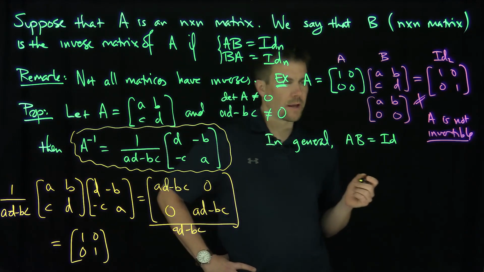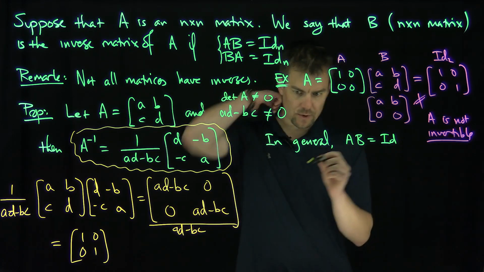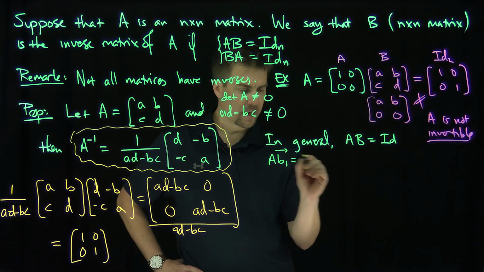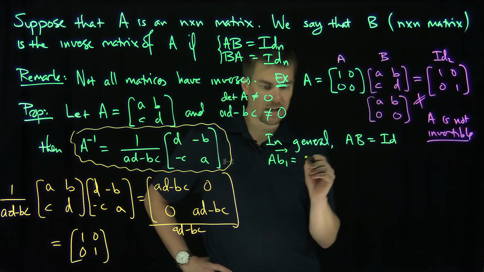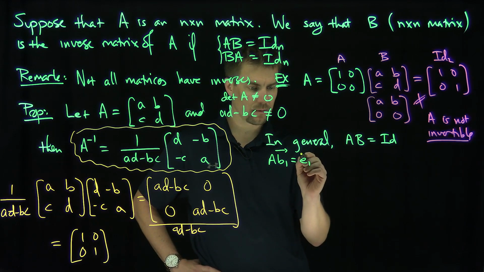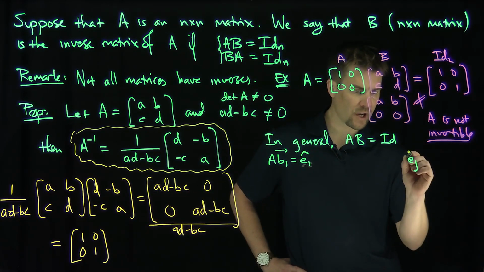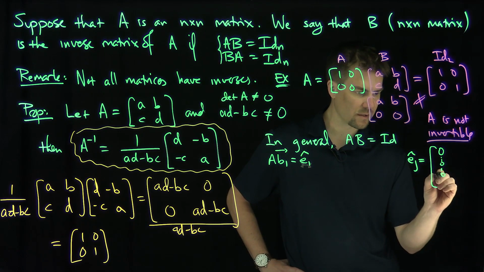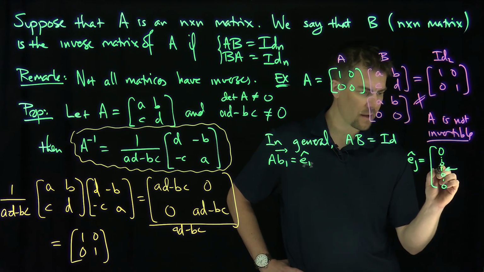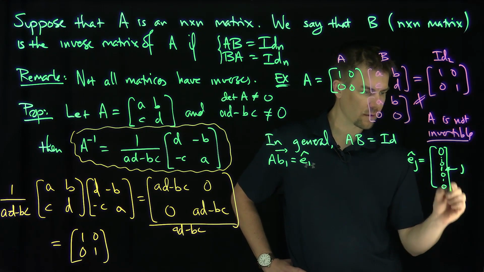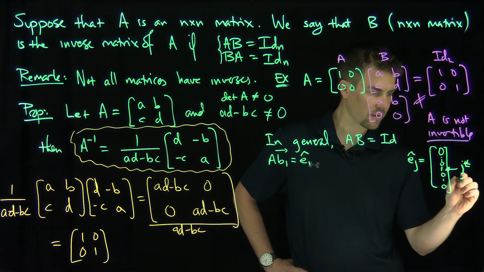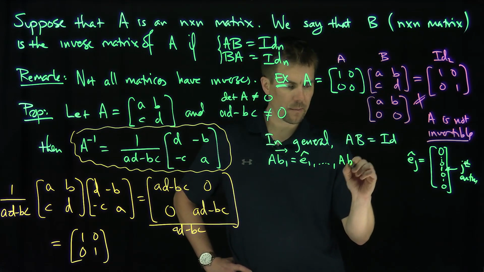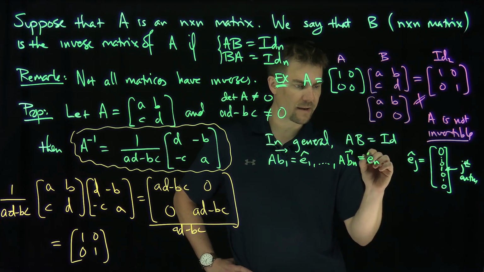So the columns matter: A times b1 is going to be the first column of the identity, which is e1 hat. Remember that ej hat is the standard basis vector, 0, 0, 1, 0, 0, and that 1 is in the jth entry. Analogously, all the way down to A bn equals en hat.